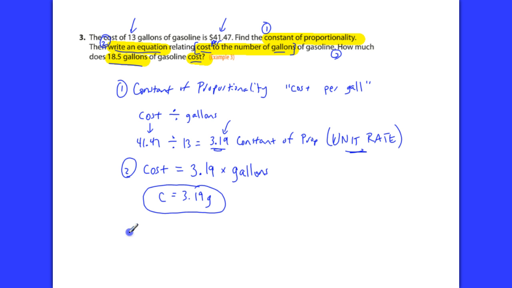And then lastly, since I just figured out that the cost is $3.19, the third question here asks what you do if you have 18.5 gallons.